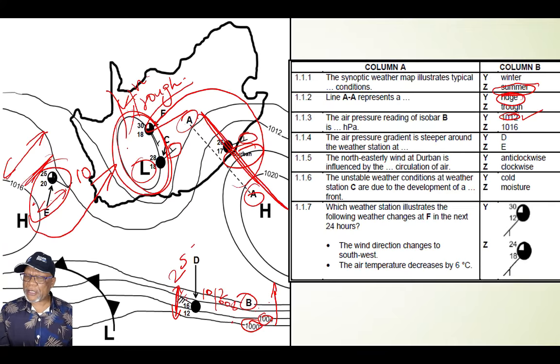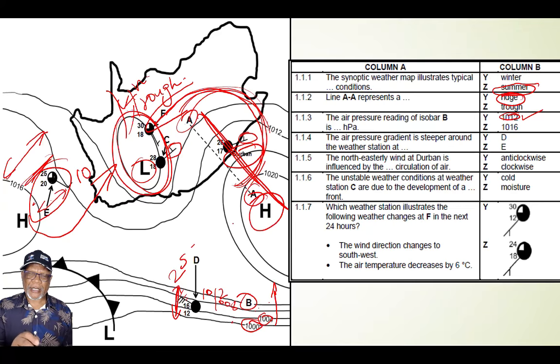So the question is, the northeasterly wind at Durban is influenced by the circulation, anti-clockwise or clockwise. Now we're saying it is because of the anti-clockwise. The influence is mainly because of this South Indian high pressure cell, and this side, it is the South Atlantic high pressure cell.